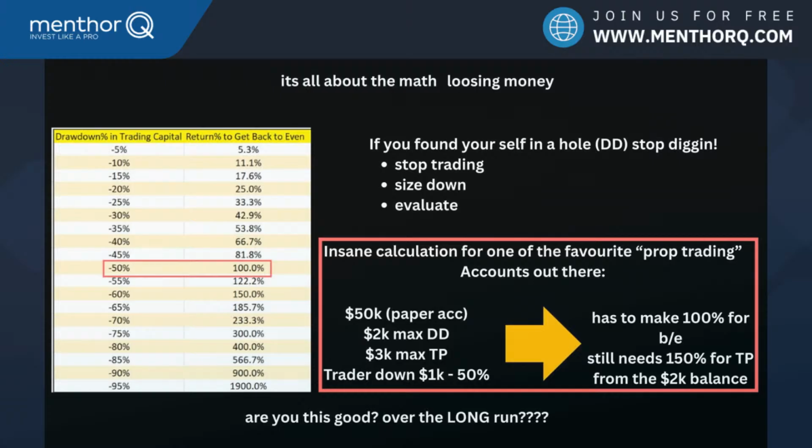Evaluate what you're actually doing, because you're doing something pretty wrong if you have a 50% drawdown. Size down, evaluate, and maybe stop trading and take a pause. And always remember this little table on the left side, and always ask yourself, can I risk 50% of my capital to make 100% to be break even, and do this in the longer run?